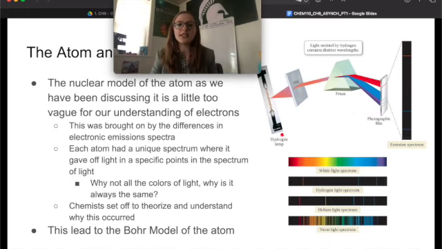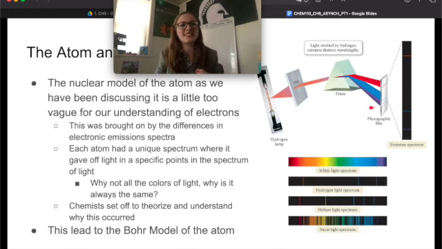So the idea is that by exciting an atom and interacting with its electrons almost using energy, by passing that through a slit and breaking that very fine line of light with a prism, what we found is that atoms each have a unique spectrum of light that comes out of there. And the nuclear model of the atom didn't really explain this.